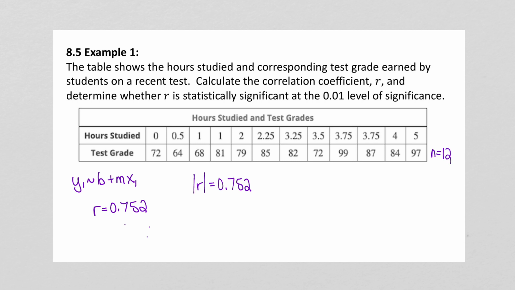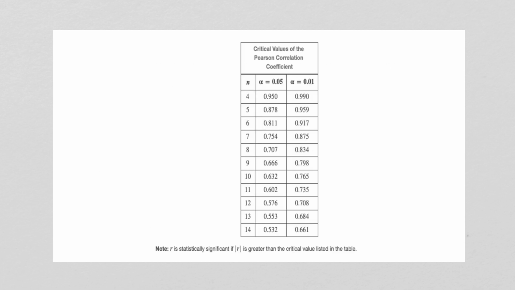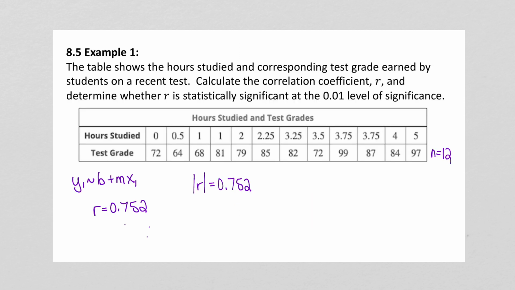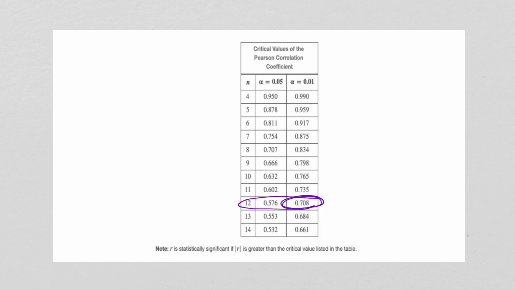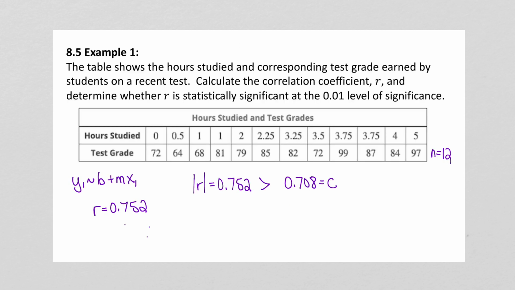So N is 12. So 0.01 at 12 is 0.708. And notice how it says here R is statistically significant if the absolute value of R is greater than the critical value. And yes, in this case, it is greater than. So yes, we are statistically significant.